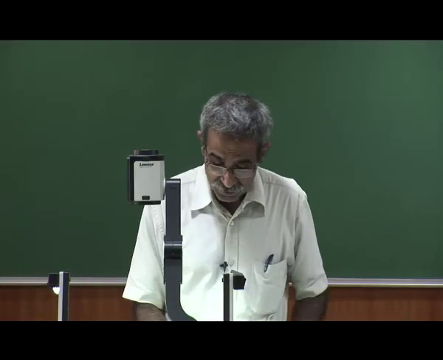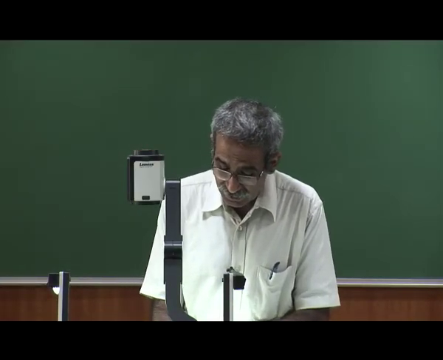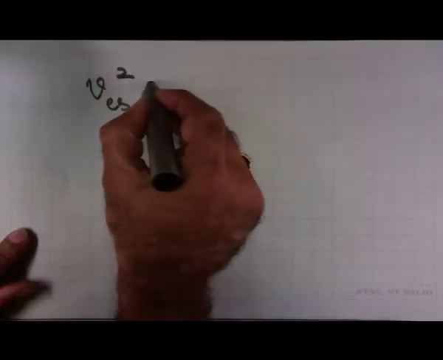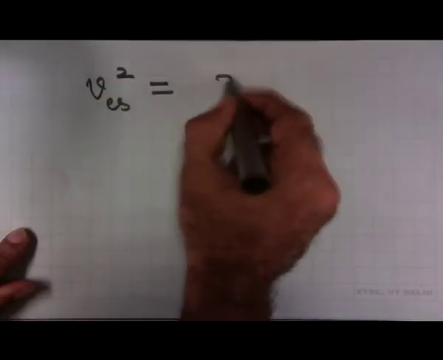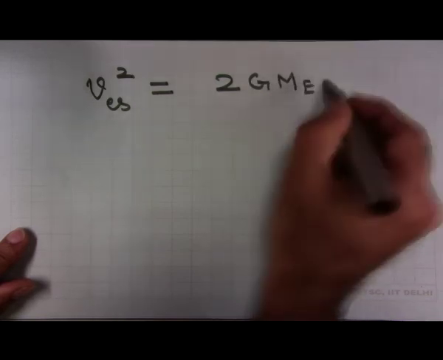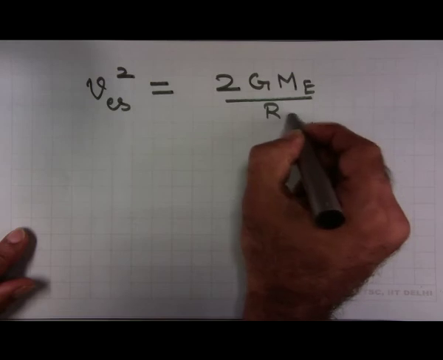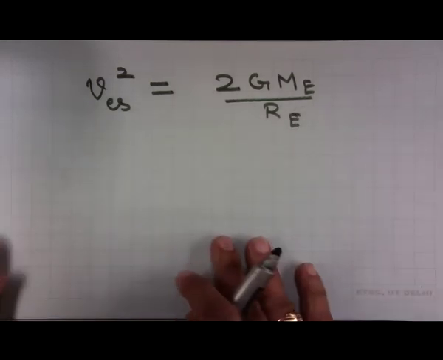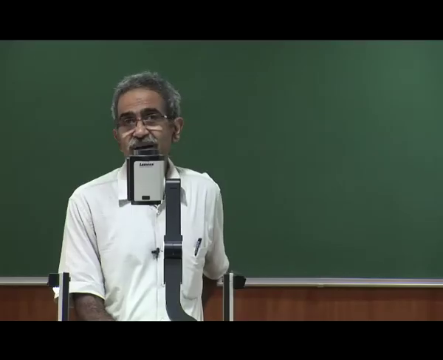So if we substitute, what are we going to get? We are going to get V escape squared is nothing but 2 G Me by Re, which you see is a highly non-Aristotelian expression.